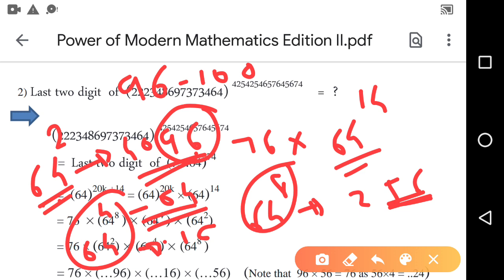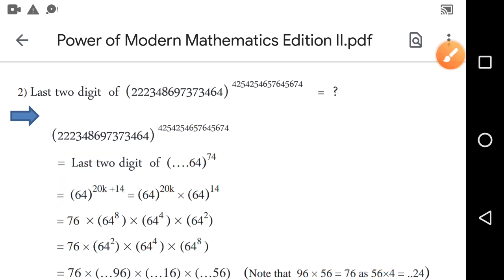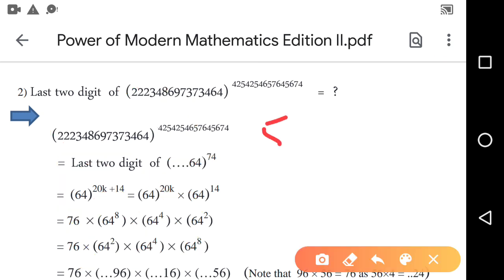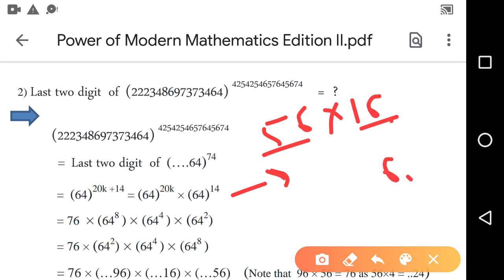So 56 into 16 ends with 96, friends. And this is nothing but 64 raised to 12 ends with 96.